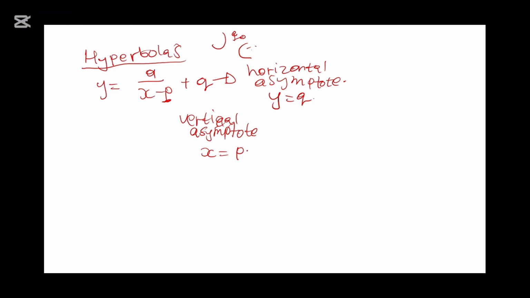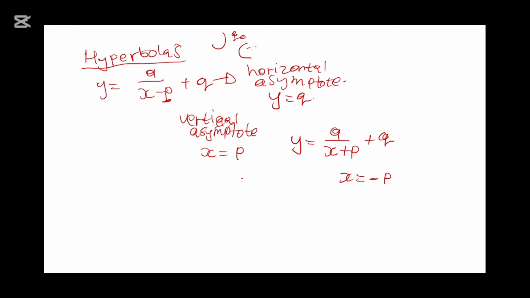If you are given a formula where p is positive and they ask you what the vertical asymptote is, you're going to say x is equal to, you take the minus sign, p. I will explain it when you're doing questions if you don't understand.